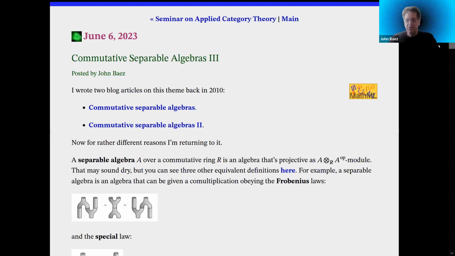Yeah. So I think Grothendieck started talking about Brauer groups of commutative rings, and then he started talking about Brauer groups of schemes.